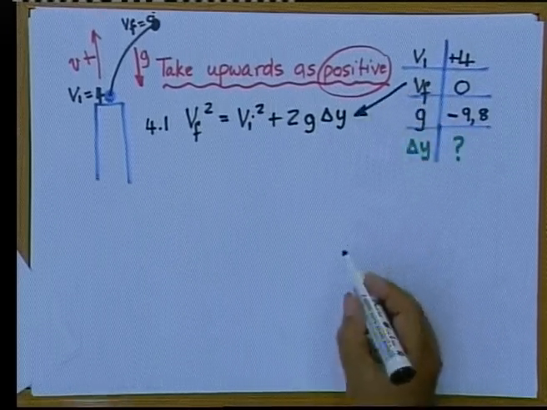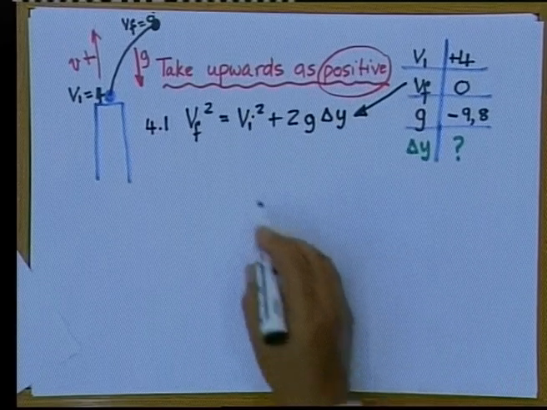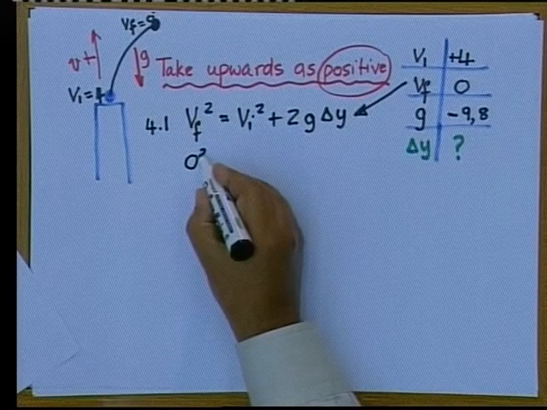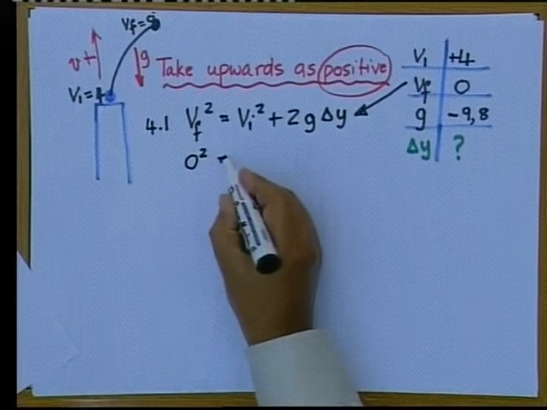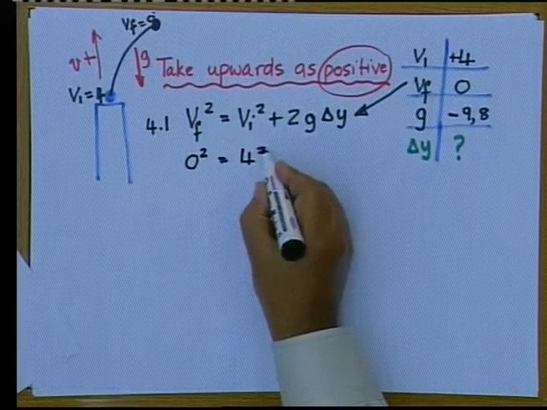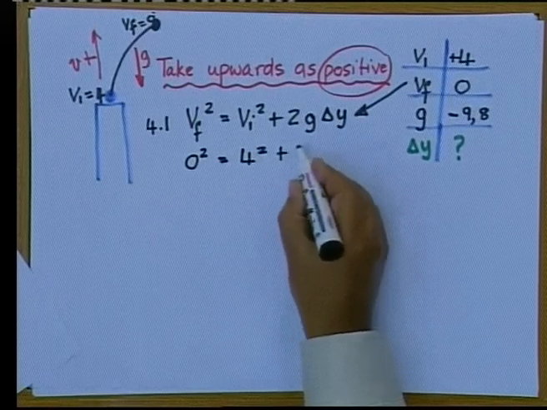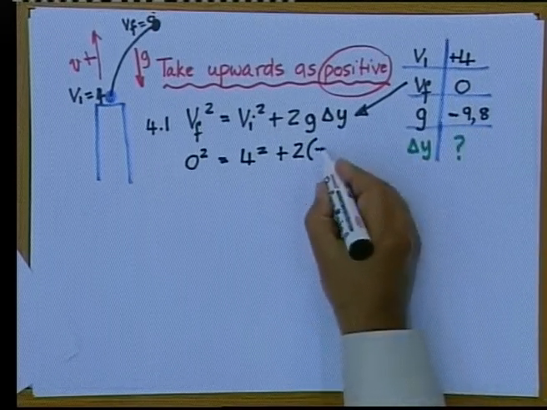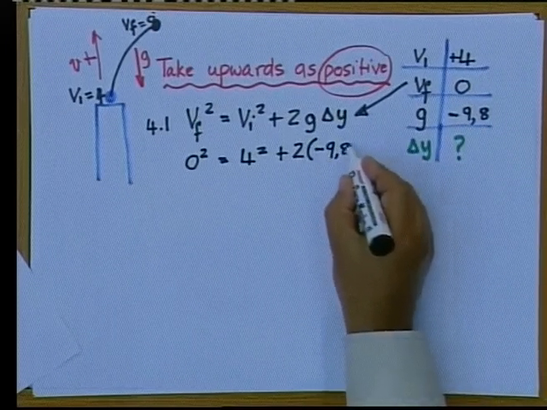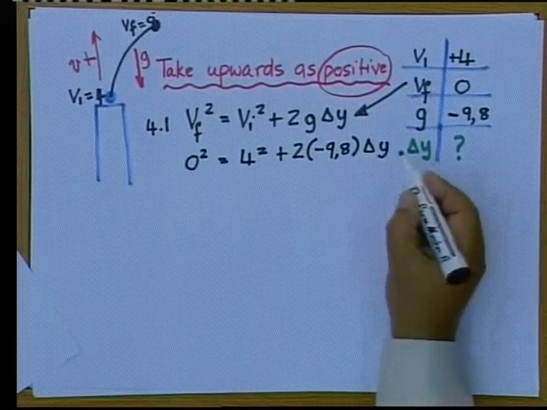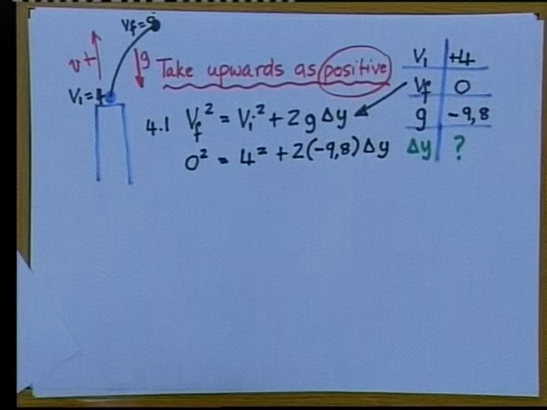So final velocity is 0, so it's 0 squared is equal to the initial velocity, 4 squared, plus 2 multiplied by, I keep the sign, minus 9,8 downwards, and I multiply that by delta y. And now you know how this works.